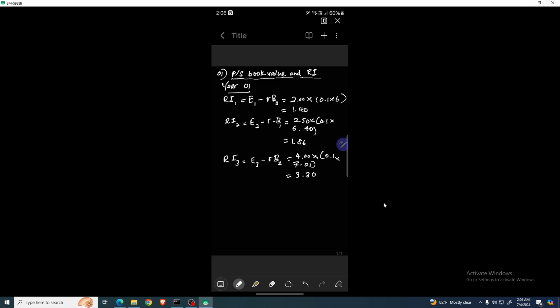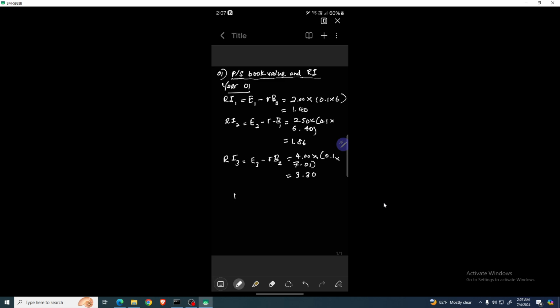So if we were to estimate the stock's value using the residual income model, we have calculated residual income, but if we were to actually conduct the valuation, then we need to value the share, right? The present value of the residual income needs to be calculated. So we now have the residual income for 3 years, and what we are going to do is conduct the present value of the residual income.